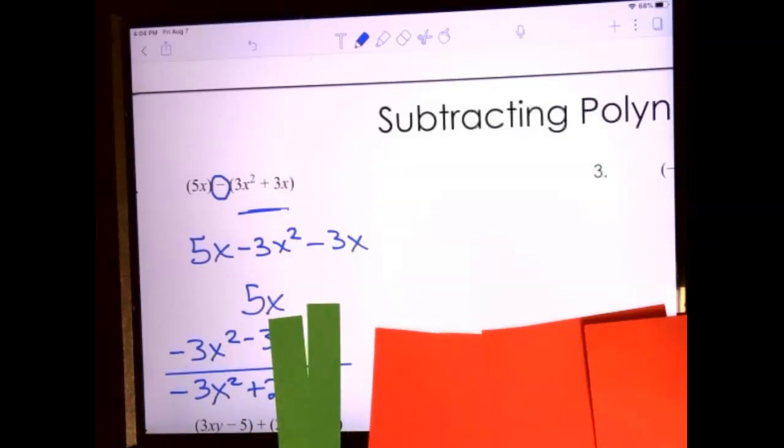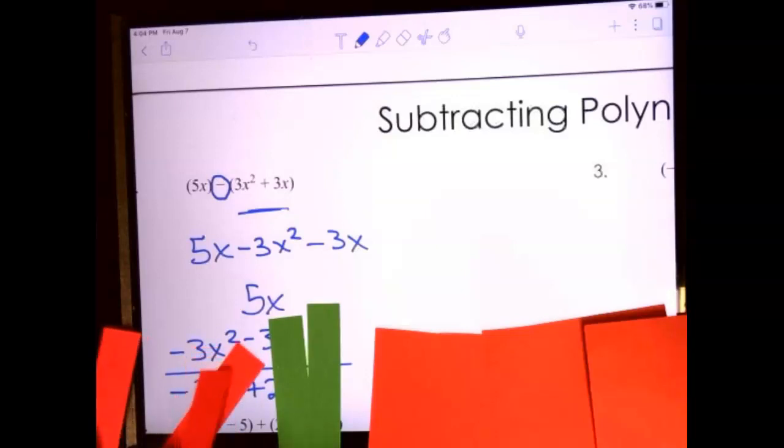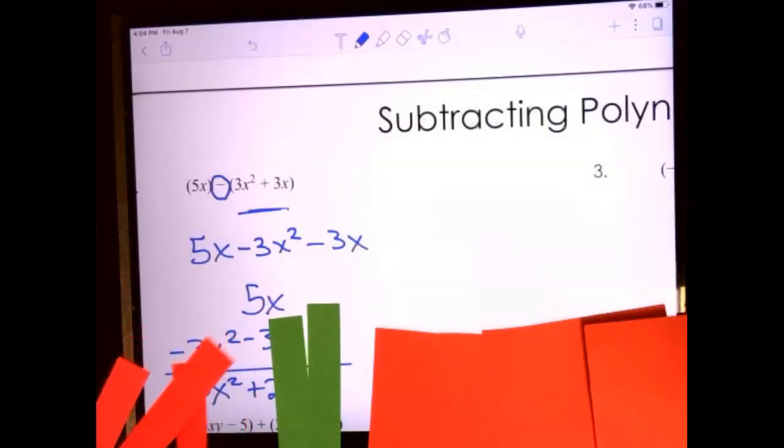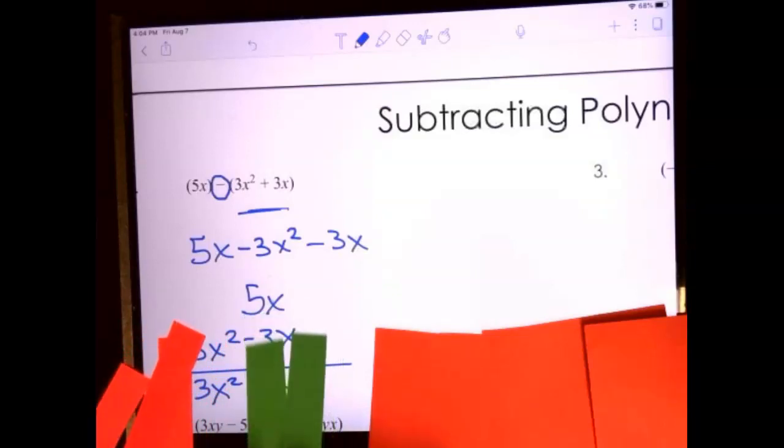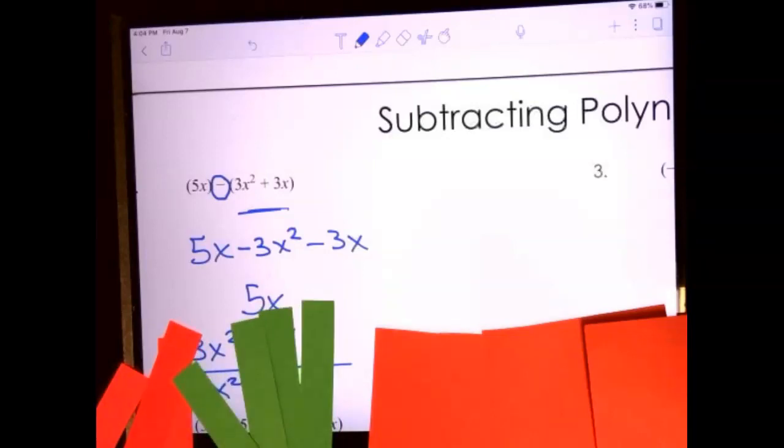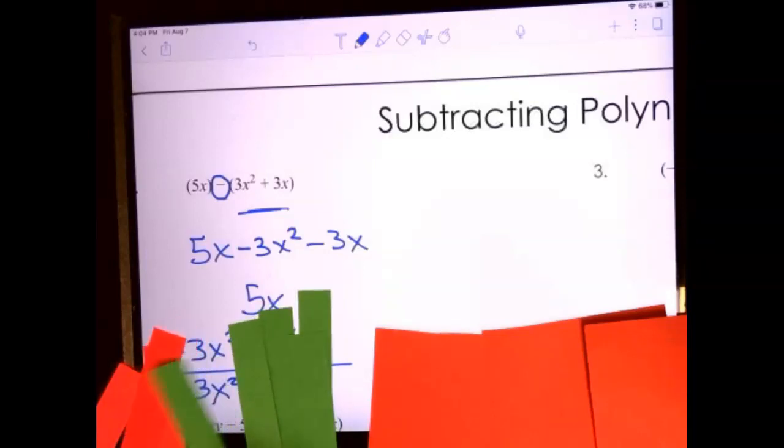Okay, 1, 2, 3, there we go. Oh, I did the bottom one, didn't I? Okay, I have 3 negative x's. I have 5 positive x's. There we go. Good thing you caught that. Gotta keep an eye on me.